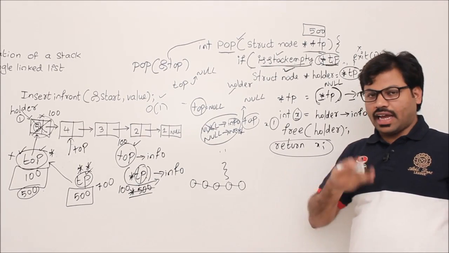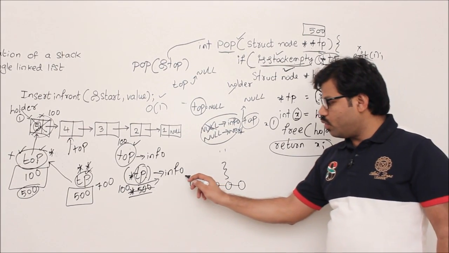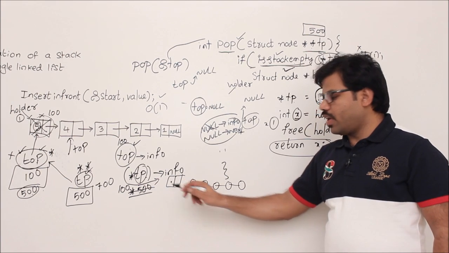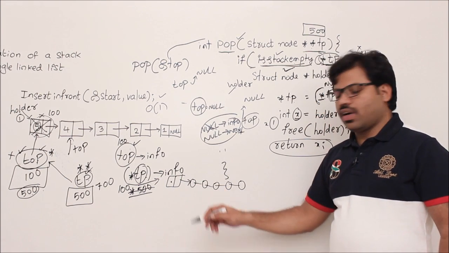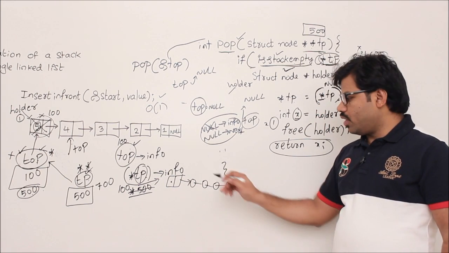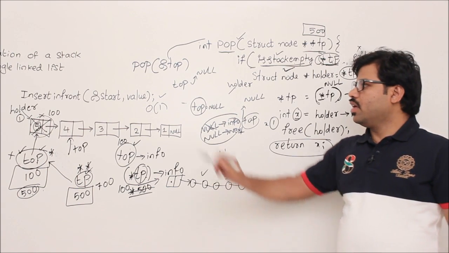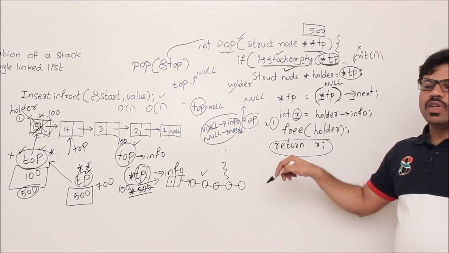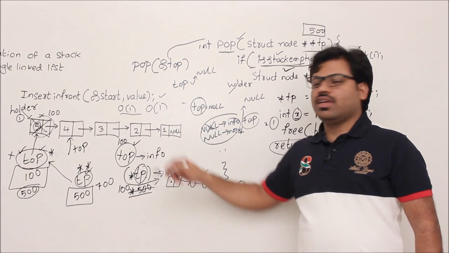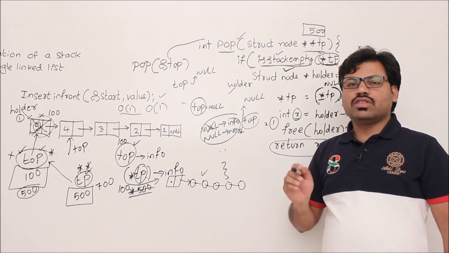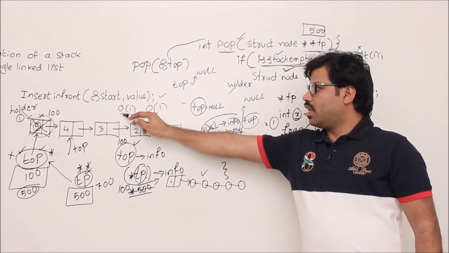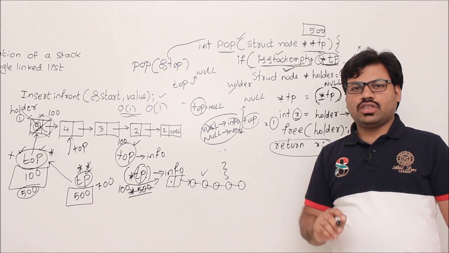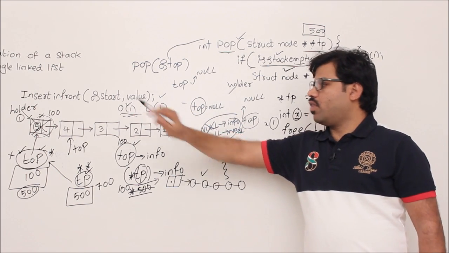We know one idea about insert in front: take a box, write the value, link here to here. After all, you are doing 3 or 4 steps, so it takes order of one time. That's why insert in front takes order of one time. Why am I talking about insert in front? Insert in front is nothing but push. So talking about insert in front is nothing but talking about push. So push time complexity is order of 1.